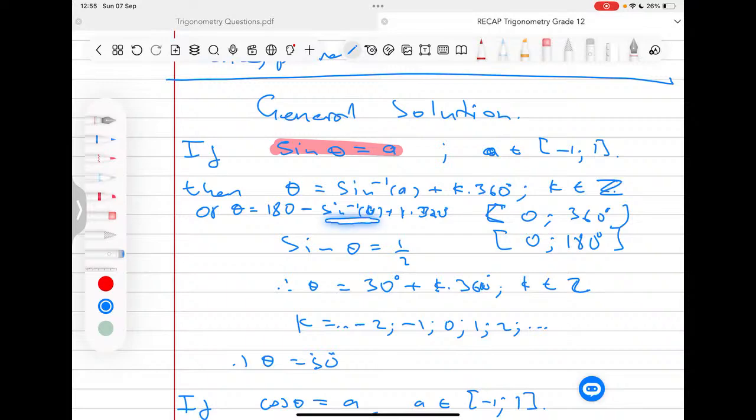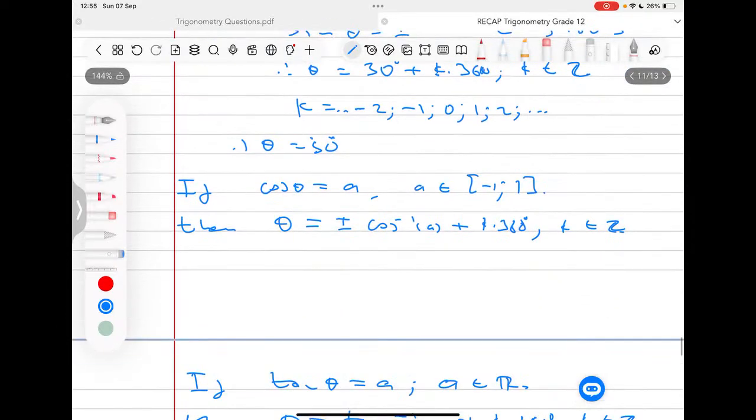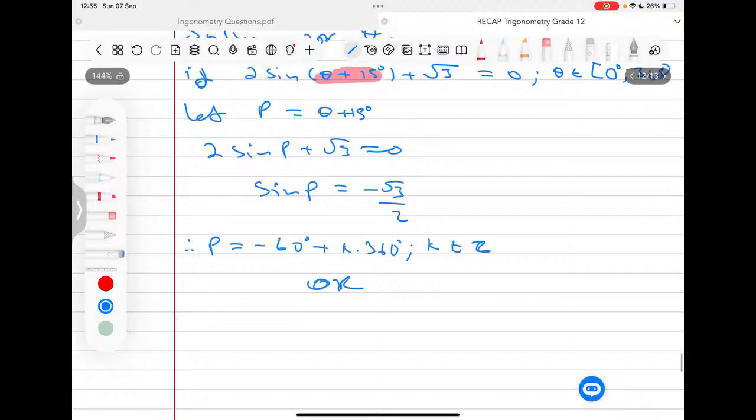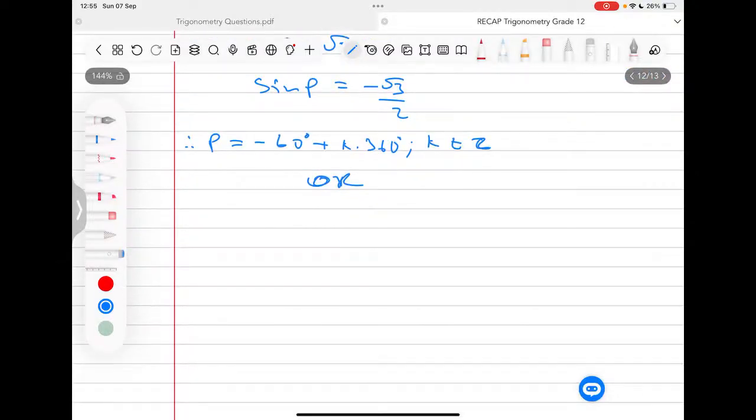It is in the first and second quadrant, right? And the same is true with these ones. The reason why we have plus or minus is because our cos would be positive in the first quadrant and also negative in other quadrants.